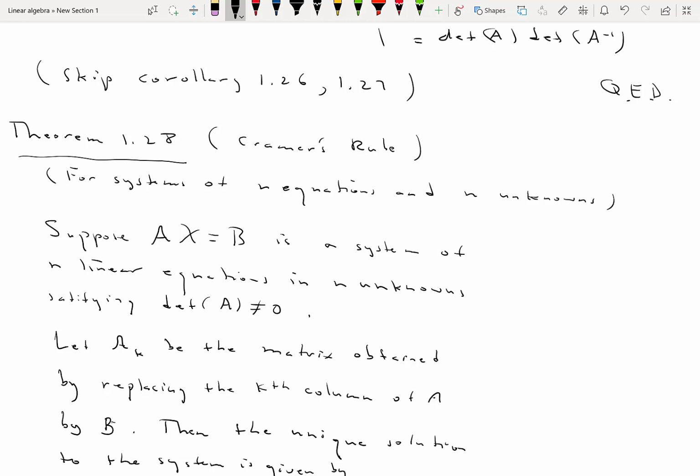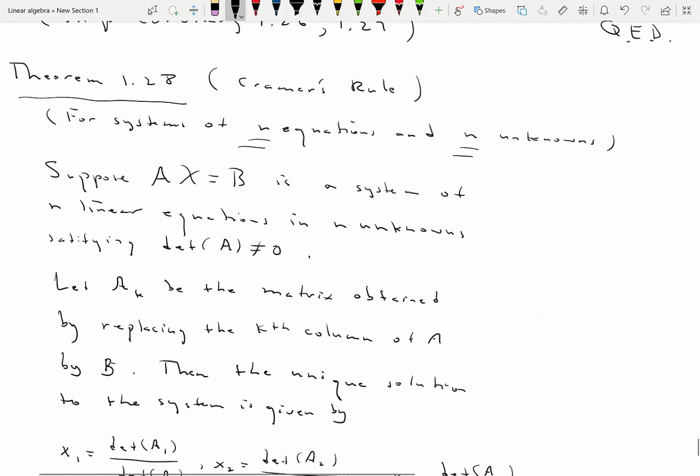First, the system has to have the same number of equations as unknowns. So we have n equations and n unknowns. Suppose Ax equals b is a system of n linear equations in n unknowns, satisfying that the determinant of the coefficients is not zero.